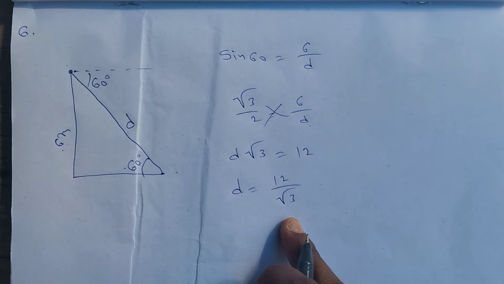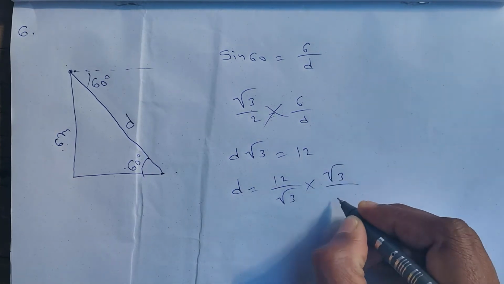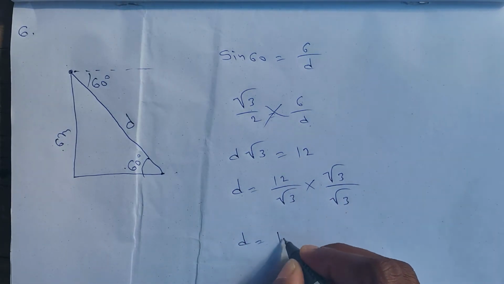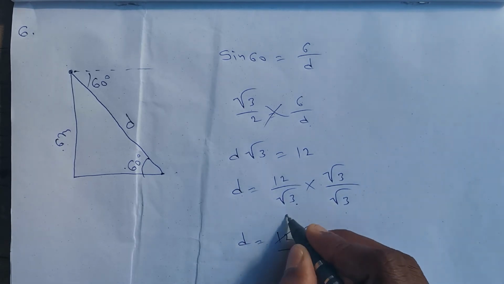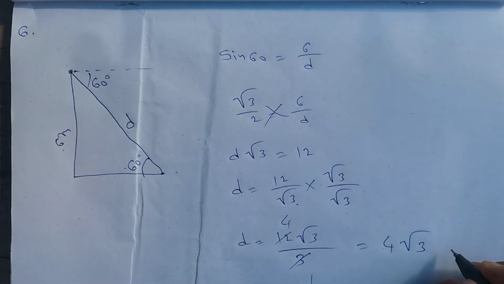Again, we don't want any irrational number in the denominator, so multiply and divide by root 3. So D is equal to 12 into root 3 by root 3 into root 3, 3. If you do cancellation, 3 1s are 3, 4s are 4. So D is equal to 4 times root 3. Measurements are in meters, so this is also meters.